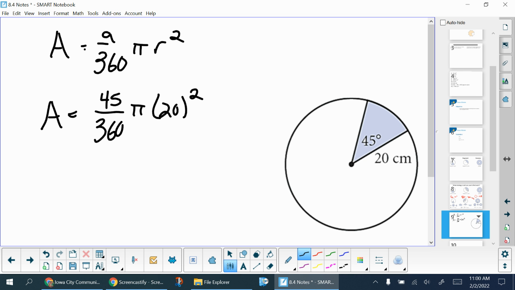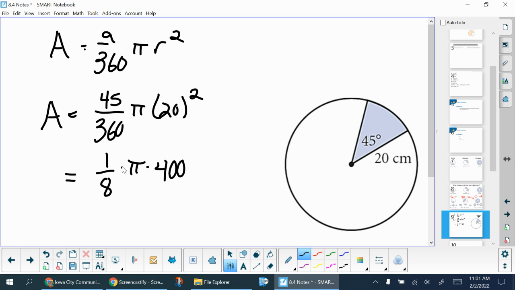So at this point, there's kind of two options of how to do this. You could do it as you probably would have traditionally learned this, which is to simplify little step by little step using your order of operations. So we'll do that first. You're going to want to do your exponent: 20 squared is 400. You'd also want to simplify that fraction, which is 1/8. 45 goes into 360 8 times, and we've just got pi stuck there in the middle.